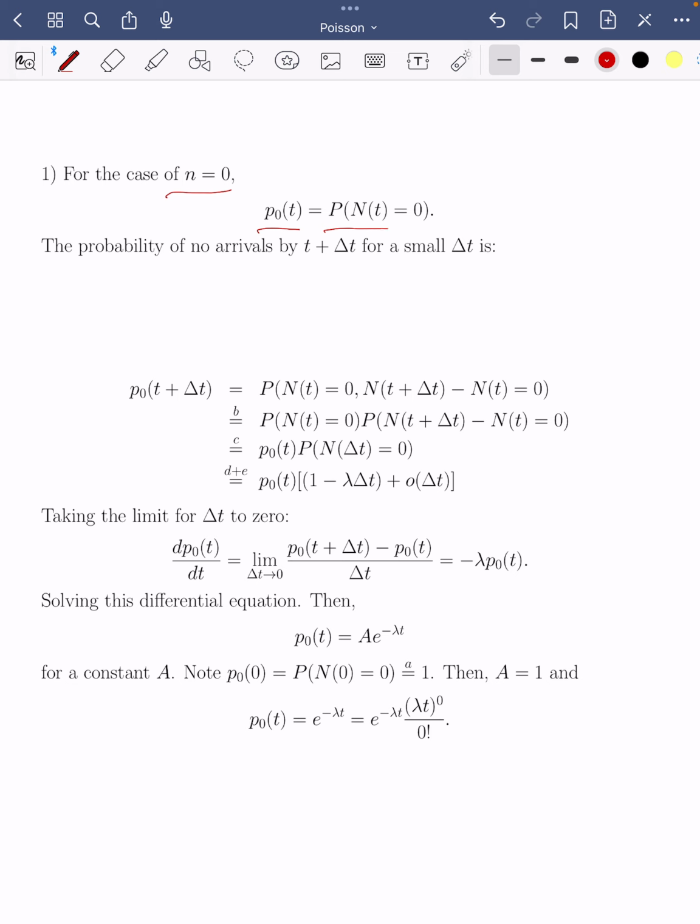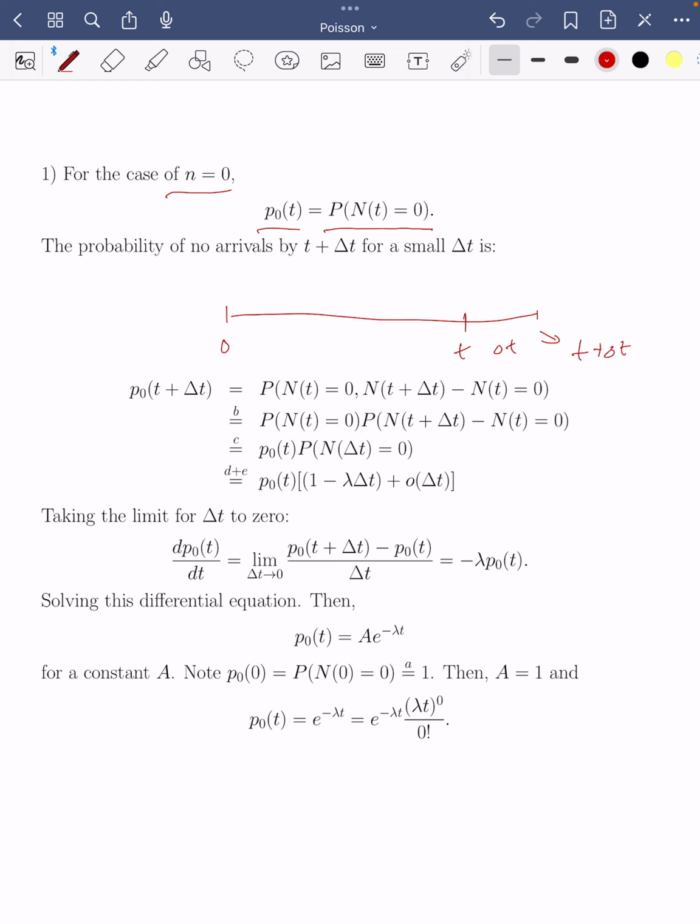is equal to the chance that N(t) equals 0. So this means that you will consider an interval from 0 to t, and then also we have a delta t here. So this point will be t plus delta t.